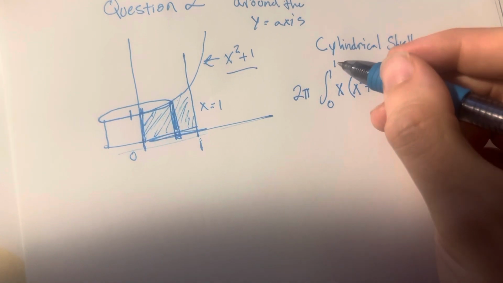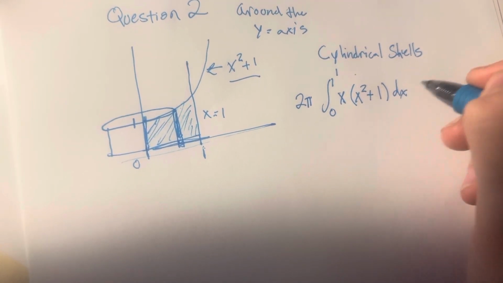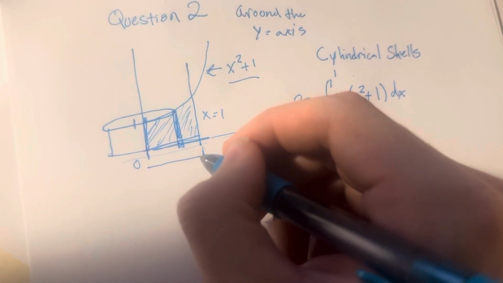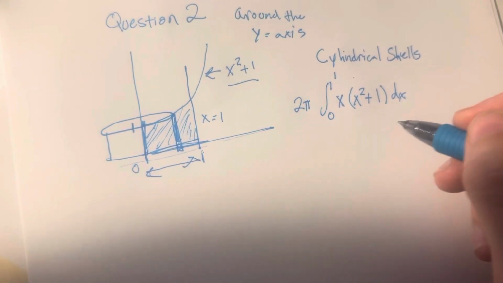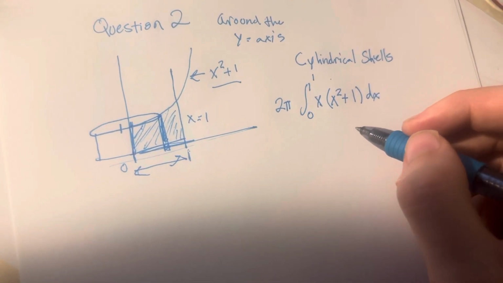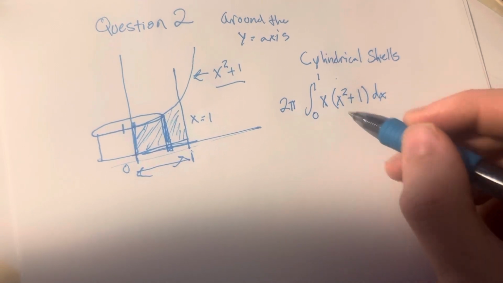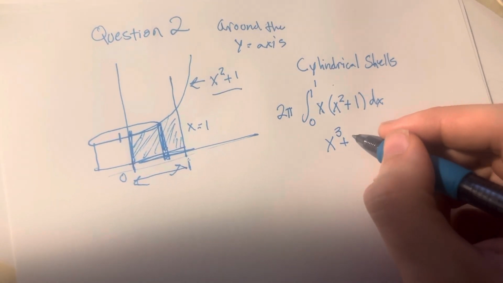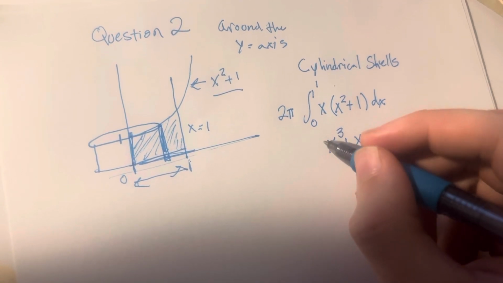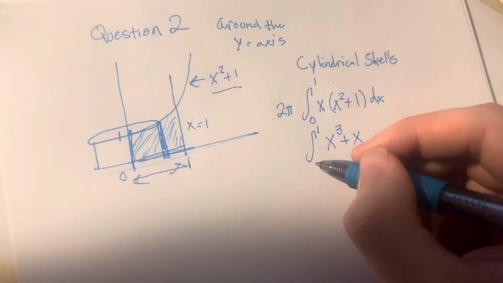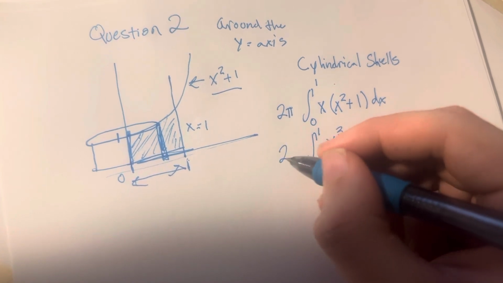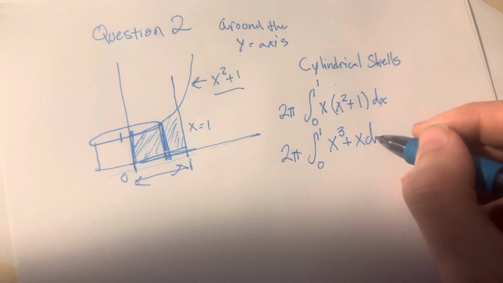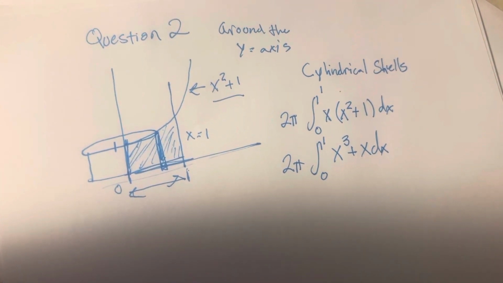And it is defined between limits of 1 and 0, as we previously discussed, because it is going between these 2 points. So in order to solve this, we'll start by distributing the x to x squared plus 1, and that will give us x cubed plus x, defined within the limit of 1 minus 0 multiplied by 2 pi. Can't forget our friend dx.